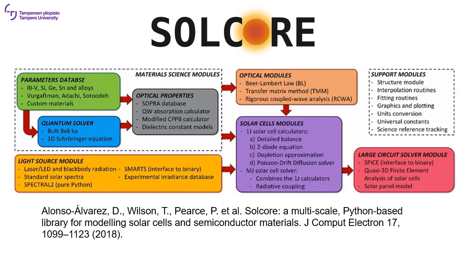That is why we opted to use Solcore, which is a Python-based open-source solar cell simulation library developed by the Quantum Photovoltaics Group from Imperial College London. This tool has a wide variety of modules that you can use in your own solar cell simulations, starting from a parameters database, which consists of most of the common semiconductor parameters used in solar cells. It also has great optical and solar cell modules that you can choose from for your own specific simulation needs.